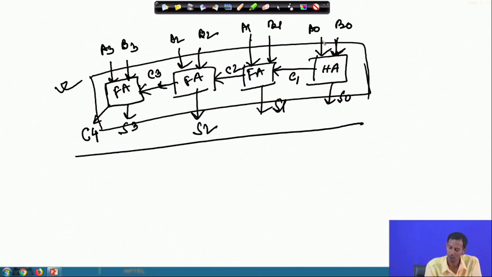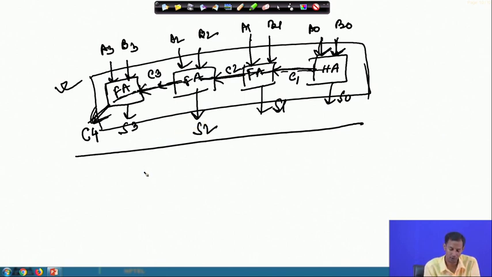It is starting from any of these two LSB bit positions, then the logic is transferring from this to this, this to this, this to this, and up to here this carry is traversing. So, that is the longest path in this particular circuit. The longest path means the one which passes through the maximum number of gates in the corresponding circuit. So, that is the critical path.